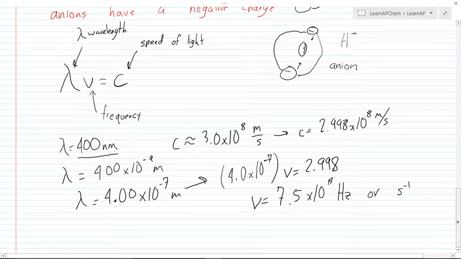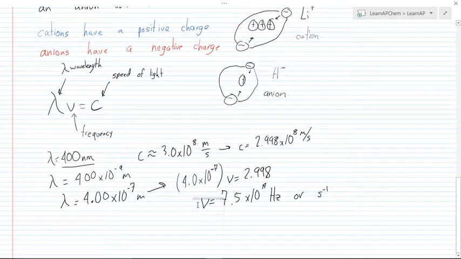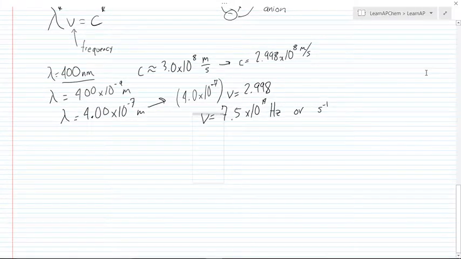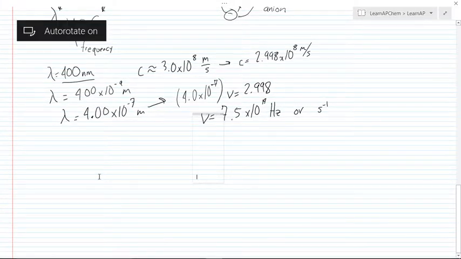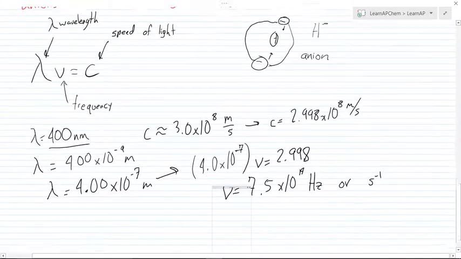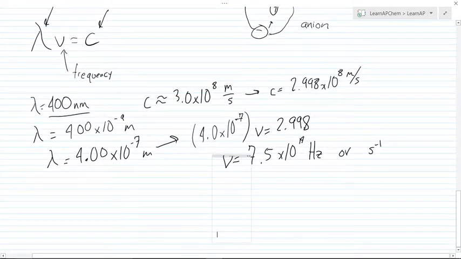So I guess this brings me to a good point: let's say I didn't know that the unit was seconds inverse. How would I find that? A good thing you could do is simply plug in the units to the equation, but not the actual numbers. So meters times V equals meters per second.